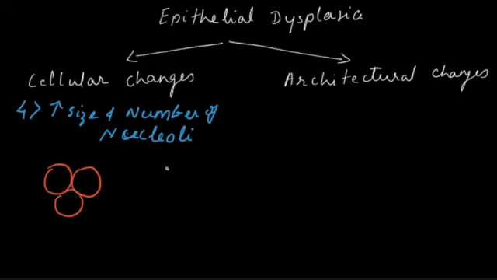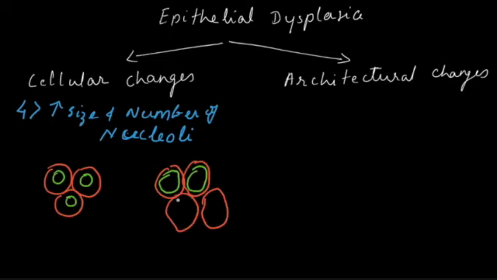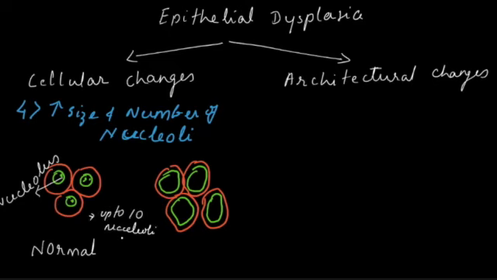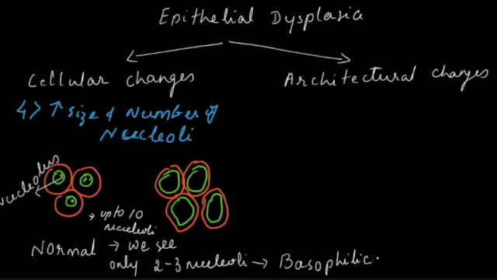Here I have drawn a normal group of cells and a dysplastic group of cells, and here are the nuclei. Inside the nuclei you can see the nucleolus. In a normal group of cells, the nucleoli seen in the nuclear membrane zone are up to 10 in every nucleus, but we only see 2 to 3 nucleoli, which are basophilic in color, which is blue.